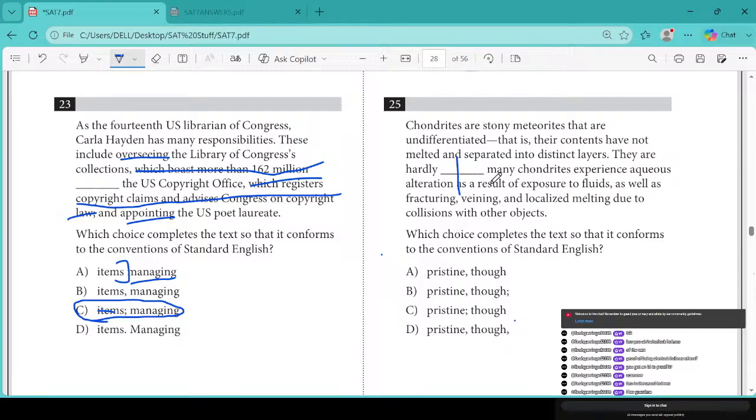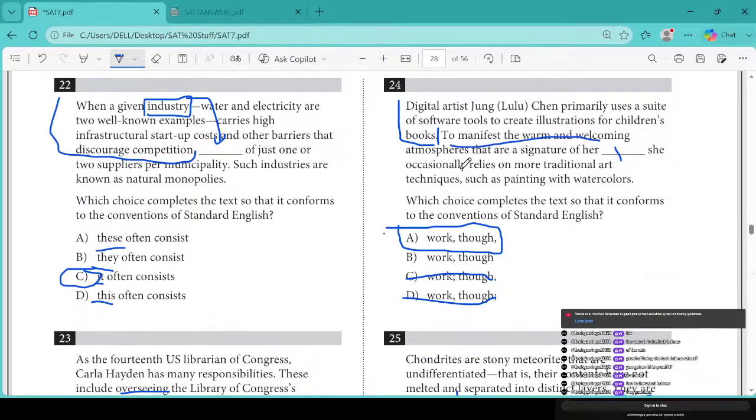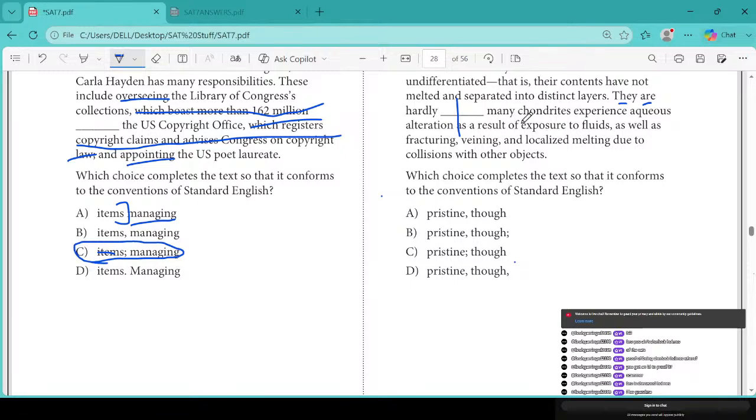And the next part, though many Klondites, blah blah blah, is also able to stand alone as a sentence because they have a subject, verb, and a complete thought. This does not have a subject, verb, complete thought. So here is the subject, verb.